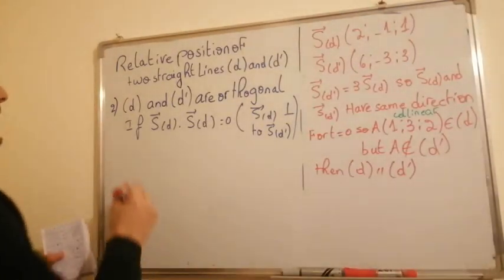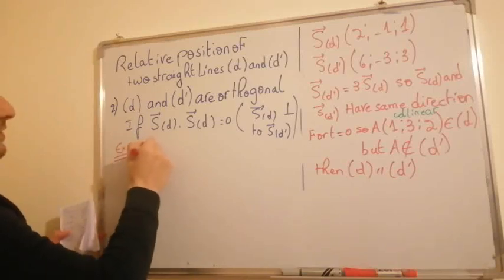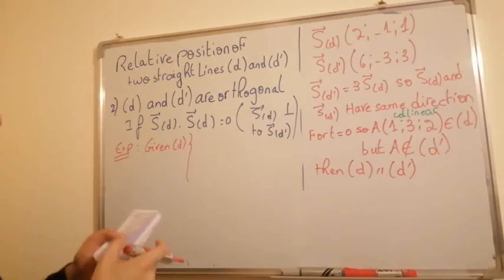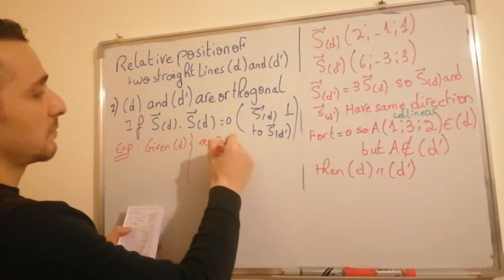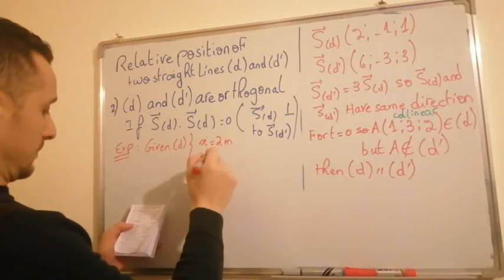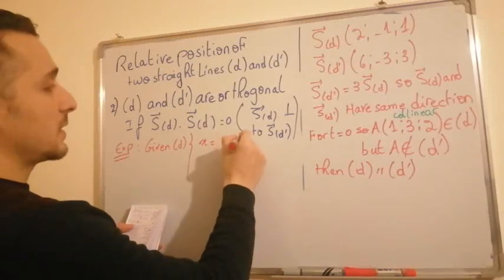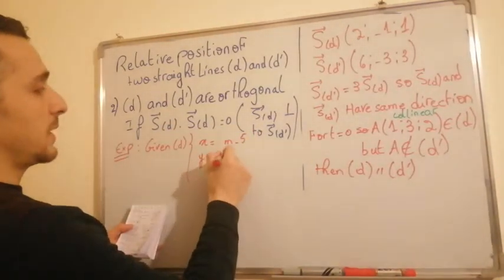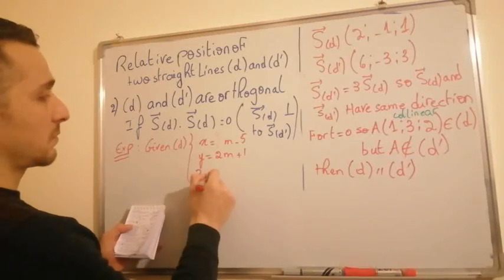given the two straight lines D and D prime. The first line has an equation x equals m plus m minus 5, y equals 2m plus 1, and z equals m.